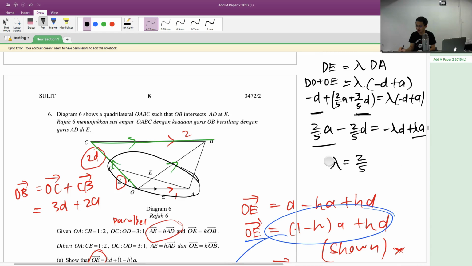Substituting back into this equation, DE equals 2 over 5 of DA.